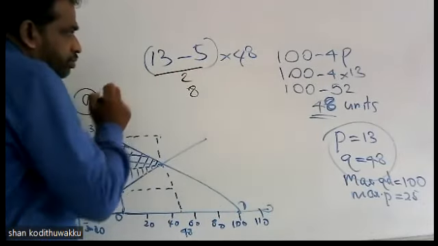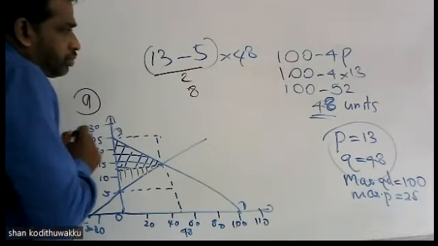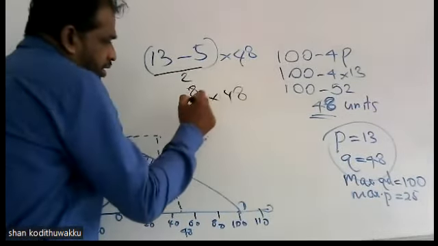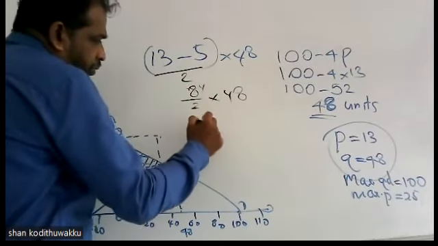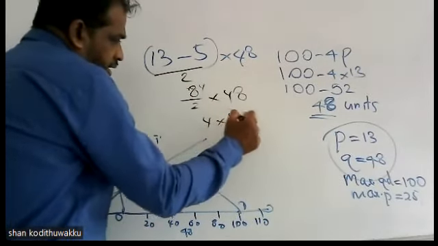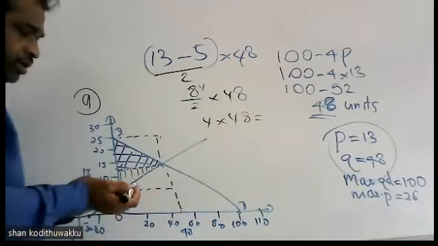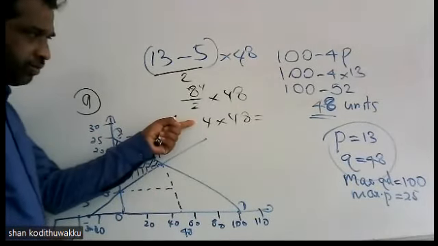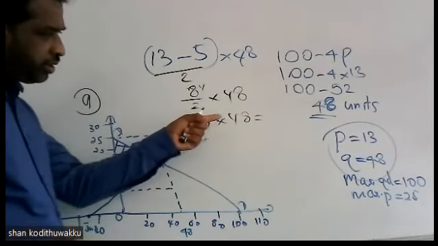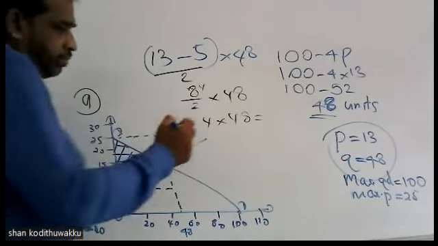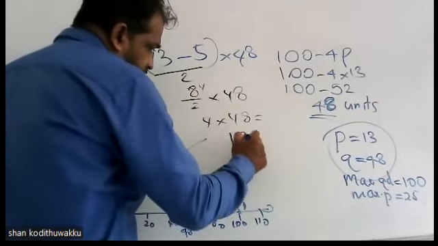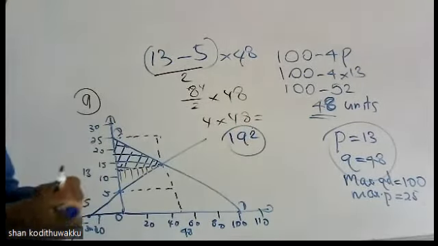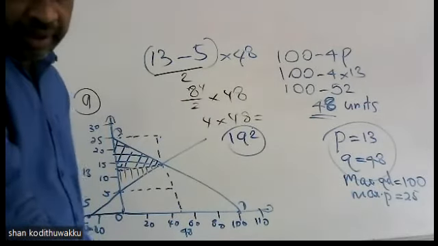Then 13 minus 5, 8, and divide by 2 into 48, then 4 times 48, you can easily take 4 into 50, 200, we deduct from 200, 8. That is 192. 192 will be the answer for producer surplus.